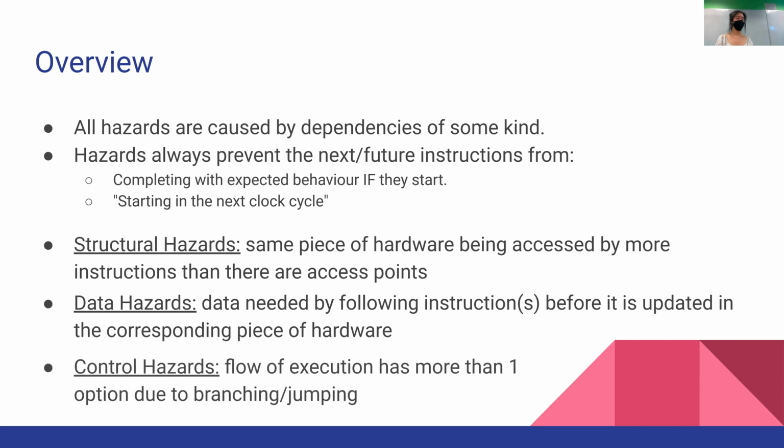And then control hazards. This is caused when you have a flow of execution that has more than one option due to branching or jumping. One of the things is, JAL or JALR instructions automatically already cause an issue, even if it's unconditional branching. If you are executing JAL, the line one below is going to already be loaded into the pipeline, but the jump is probably not going to go to the very next line.